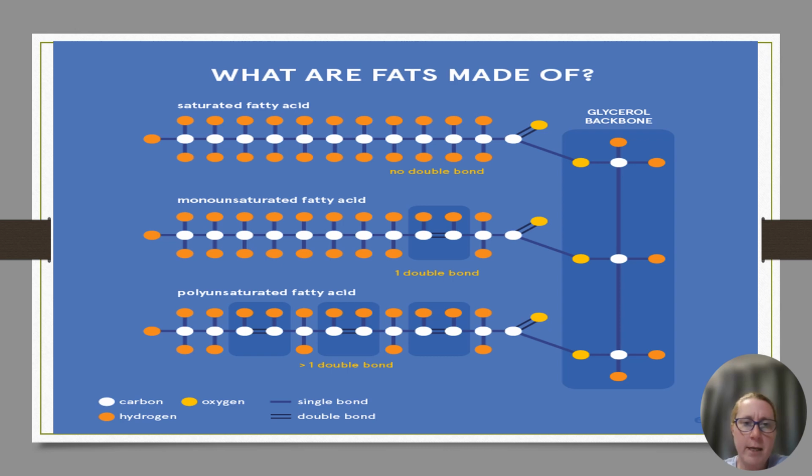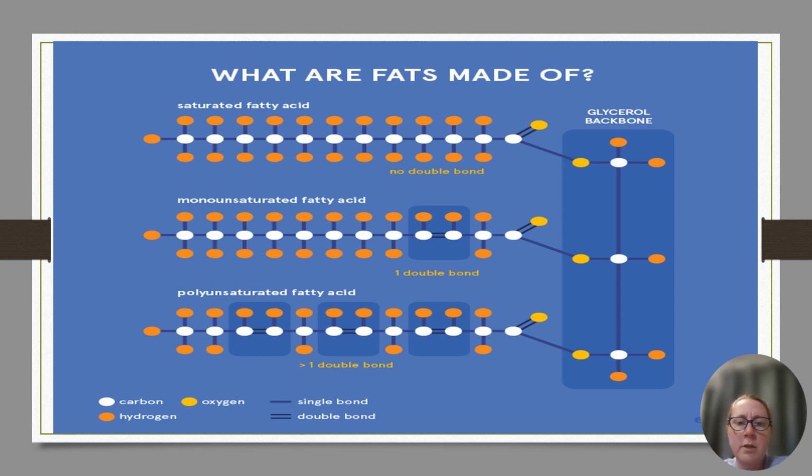The saturated fatty acid basically has no double bonds in it. As you can see, the white is the carbon and the yellow or orange is the hydrogen that's attached to each carbon. And then the monounsaturated has one double bond.